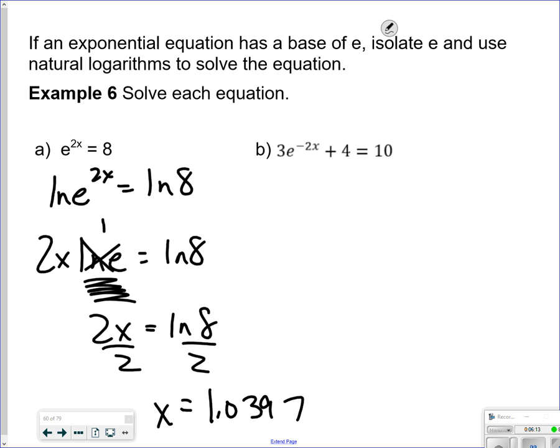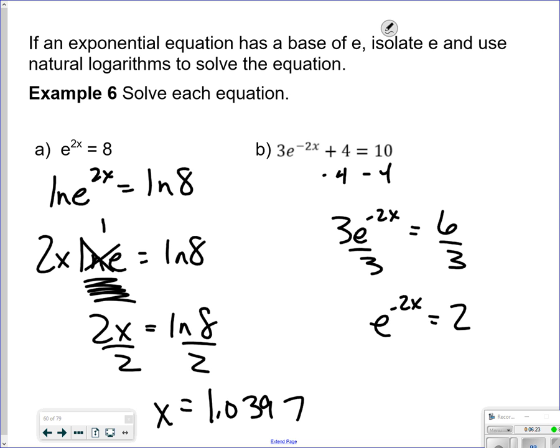So isolate e first. There's some things I can do in this question before I actually deal with the fact that there's an e raised to the negative 2x power. So notice I subtracted 4 from both sides. I divided both sides by 3. So now I'm going to take the natural log, and I'm showing my work here, natural log of both sides, and the exponent of the natural log goes out in front, and natural log of e is just 1.